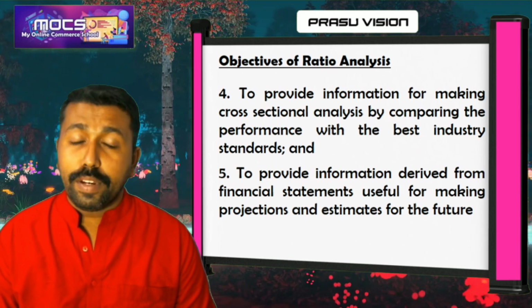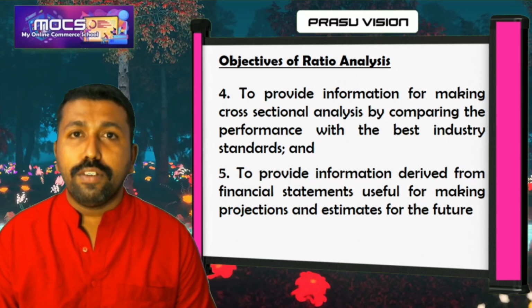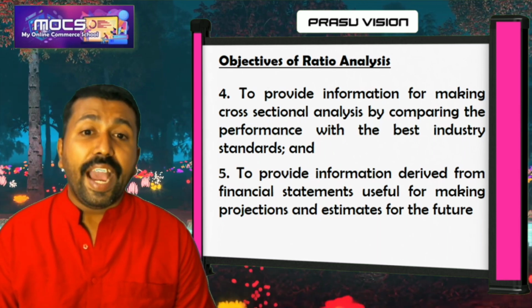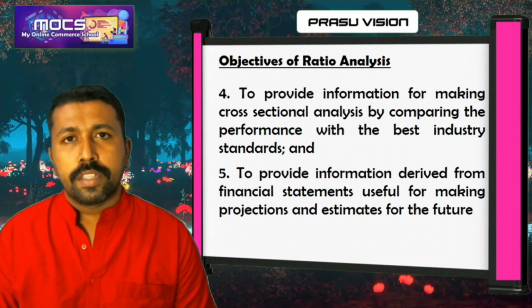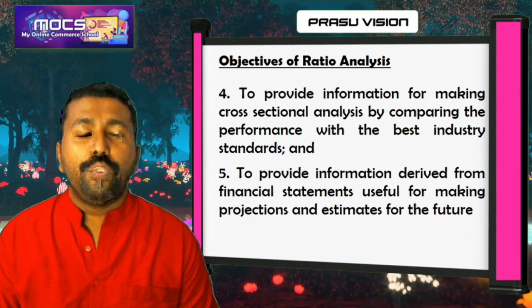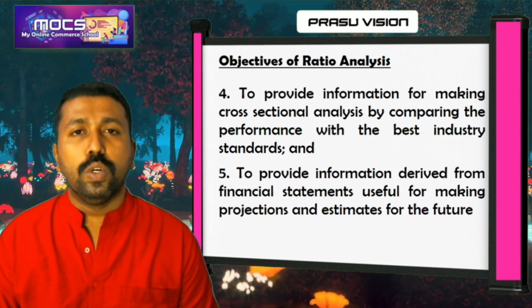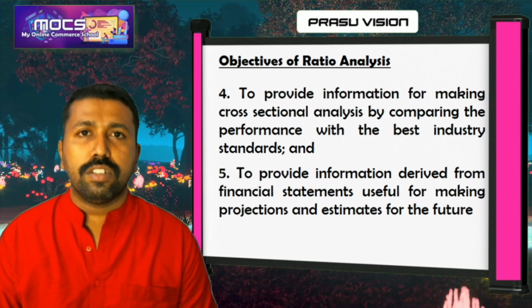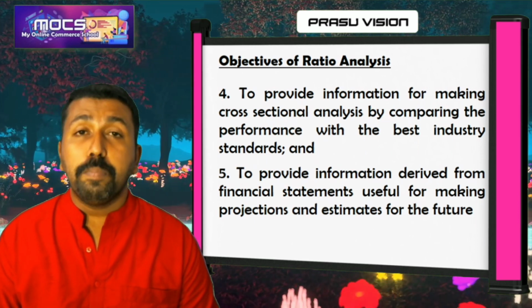And it provides information derived from financial statements useful for making projections and estimates for the future. So based on the values of ratios, the management can take future decisions. They can make the planning better.